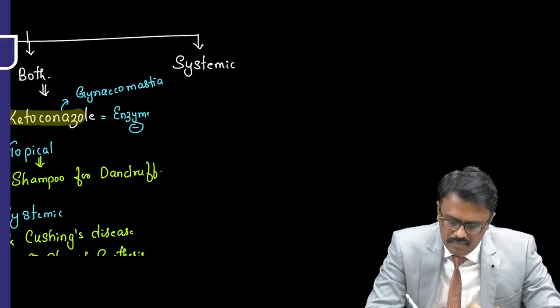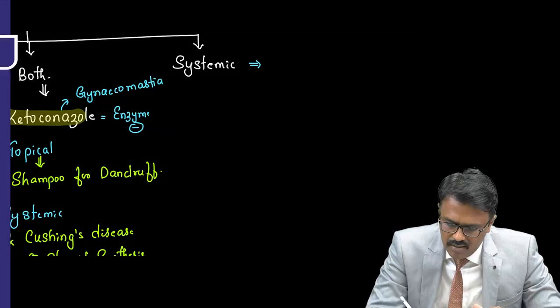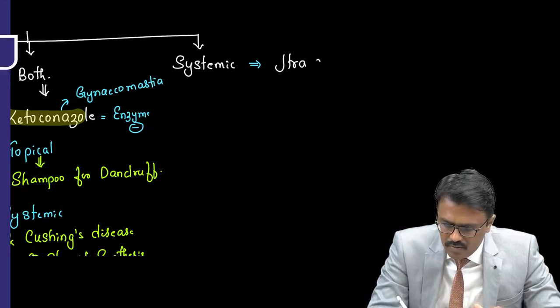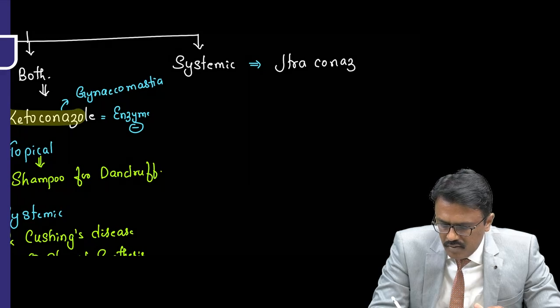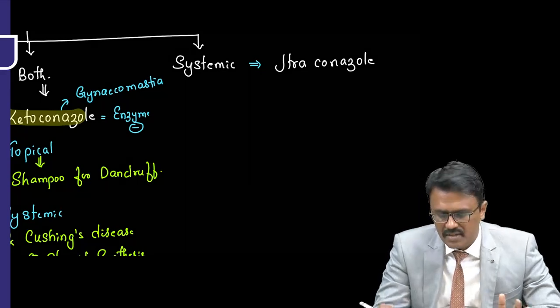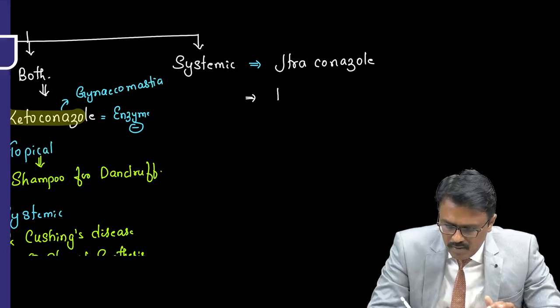What are the better drugs? Systemic antifungals. They are called itraconazole. Now I'll write where it is used later, where it is the drug of choice and all. Then fluconazole.